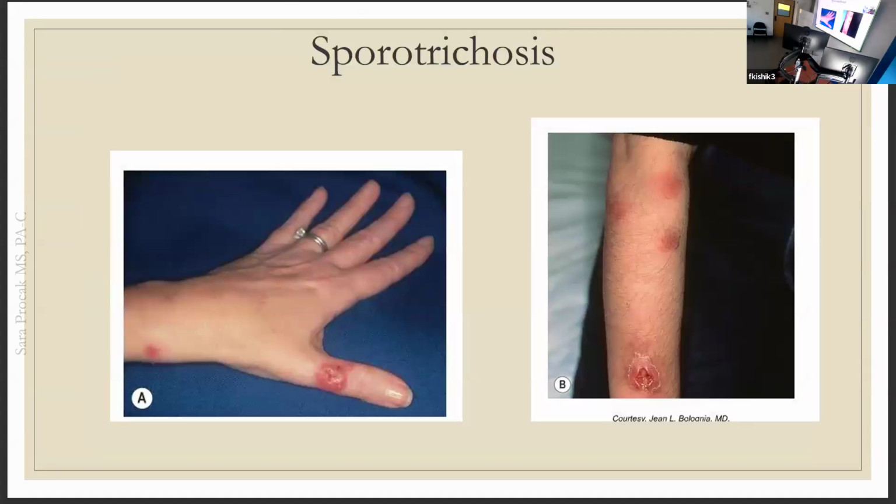Okay, sporotrichosis. So sporotrichosis is going to be an infection caused by a fungus called Sporothrix schenckii, all right? So this is basically a fungus that is going to be transmitted through plant matter, okay? It's oftentimes called rose gardener's disease because people who like to take care of roses or tend to roses will end up getting poked by one of the thorns, okay?